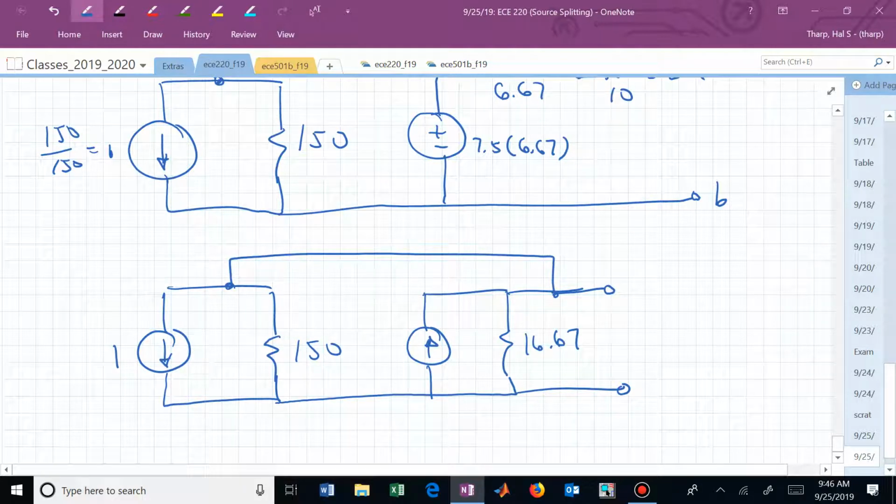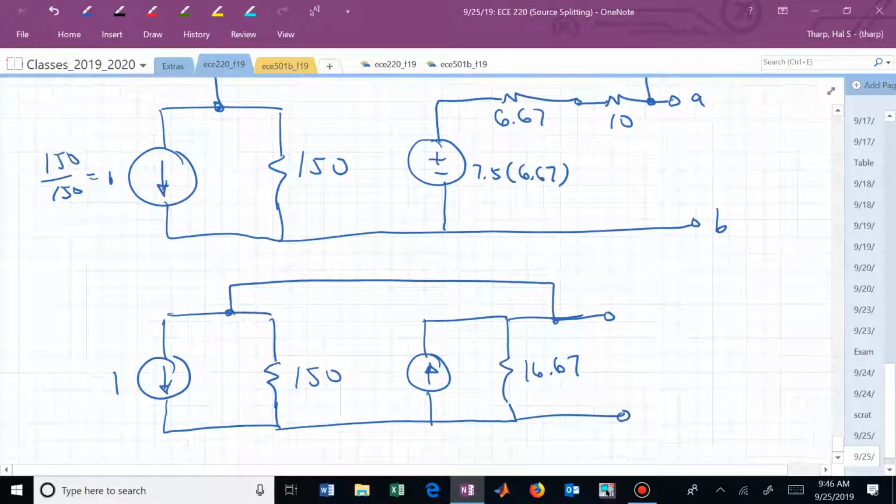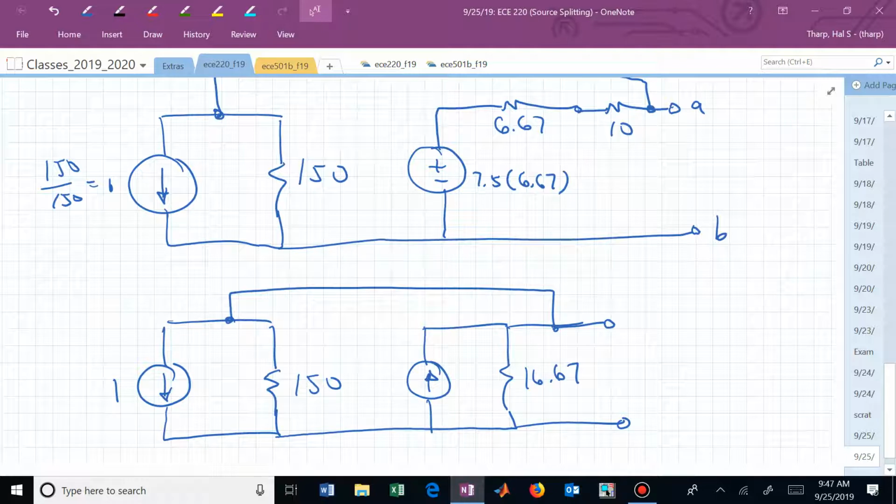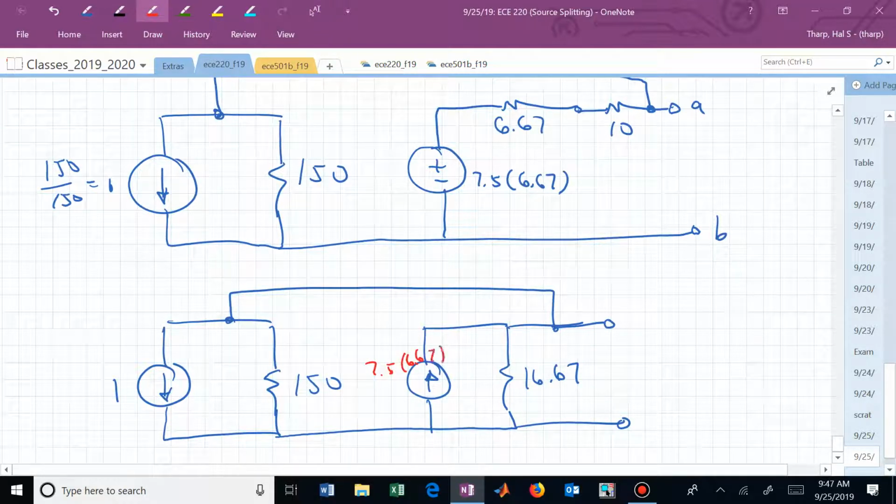what's my current source? Isn't it V divided by R? And now that comes back to a nice number. That actually ends up being 3.